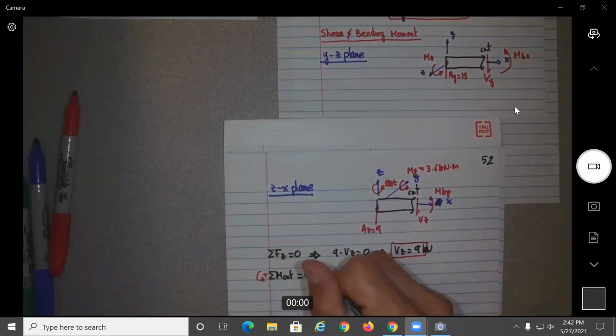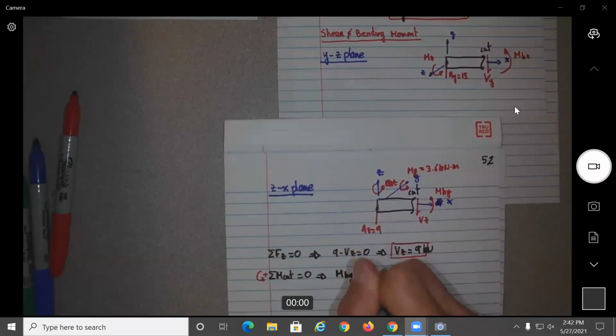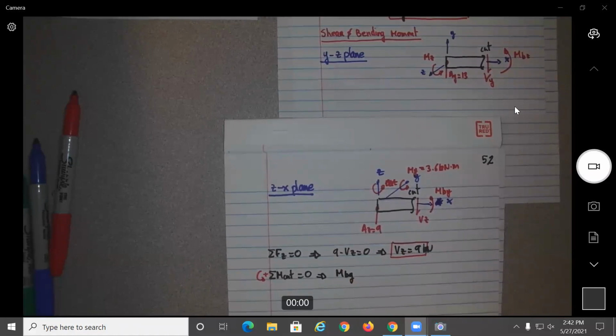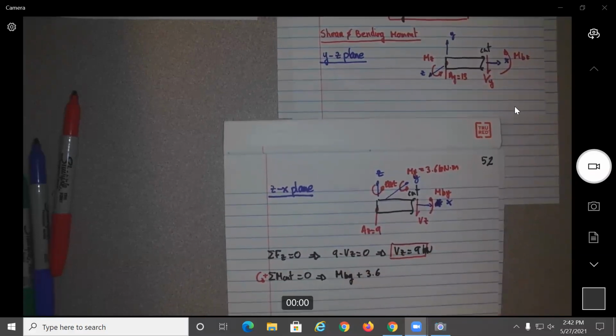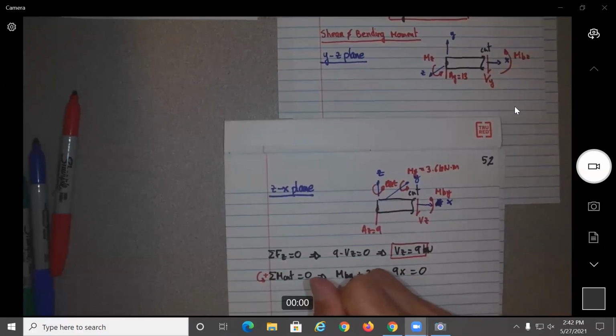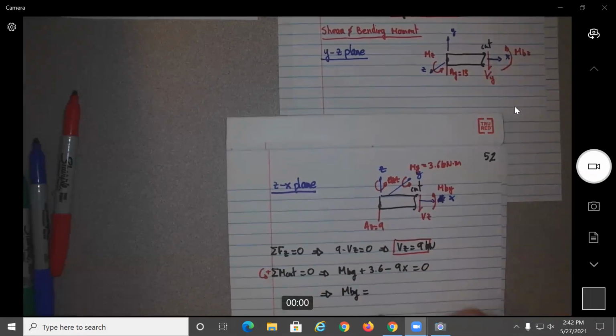This will give you MBY plus 3.6 minus 9x equal to 0, which will give you MBY equal to 9x minus 3.6.